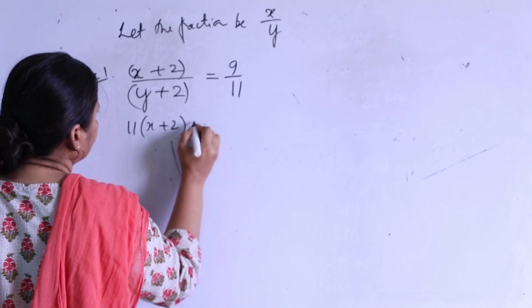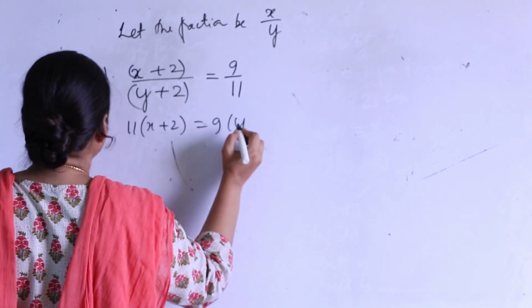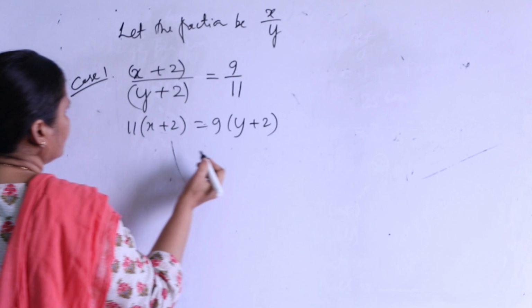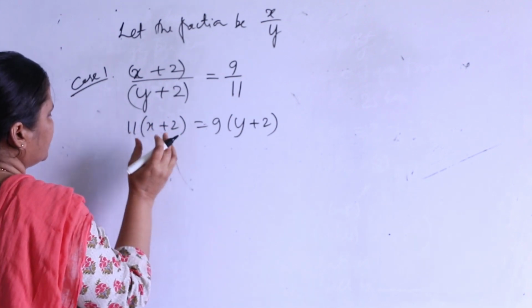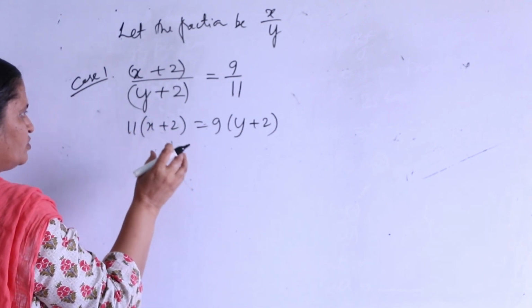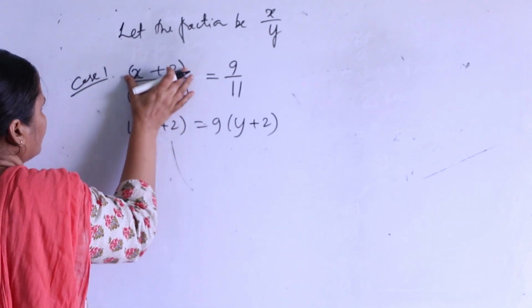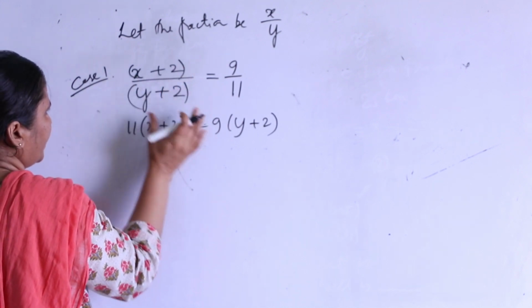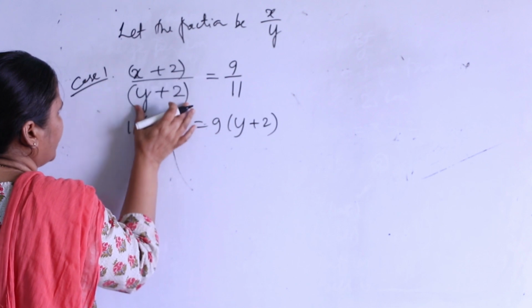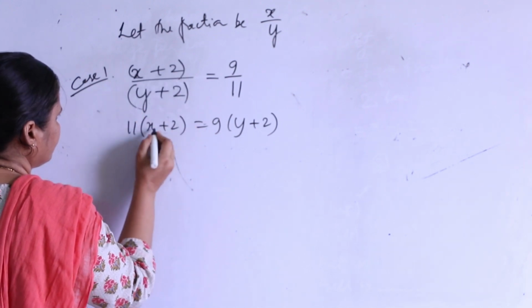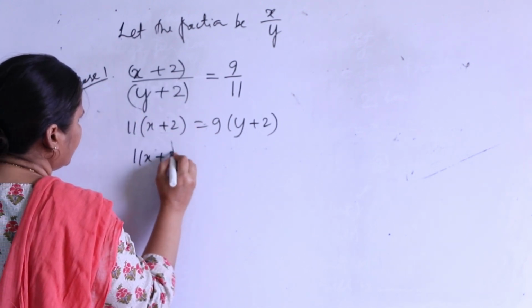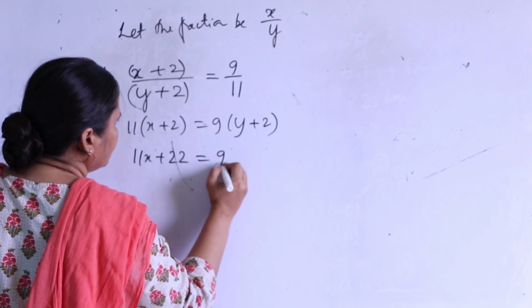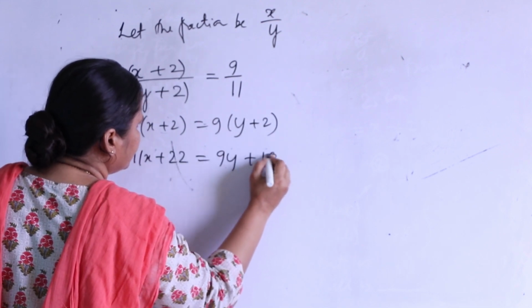You get this. Always remember, it's a very, very important tip for you to keep in mind. Always close this with brackets. Close this with brackets. Compulsory. Now, 11x plus 22 equals 9y plus 18.